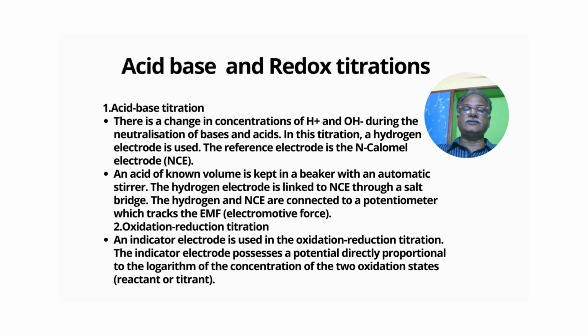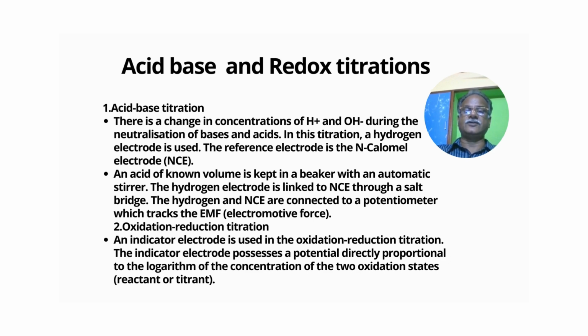Now I would like to define all the four types of potentiometric titrations. First I will describe the acid-base titrations and redox titrations. The acid-base titrations. There is a change in concentration of H plus and OH minus during the neutralization of bases and acids. In this titration, a hydrogen electrode is used.